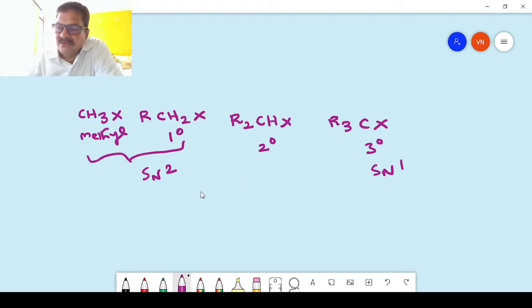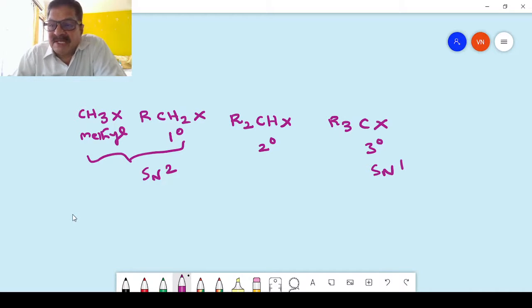Now, as we go, that is the rate of the reaction. Increasing alkyl substitution means the hydrogen atoms in the alkyl halide are successively replaced by alkyl groups. Increasing alkyl substitution will favor the Sn1 mechanism, and decreasing alkyl substitution favors the Sn2 mechanism.